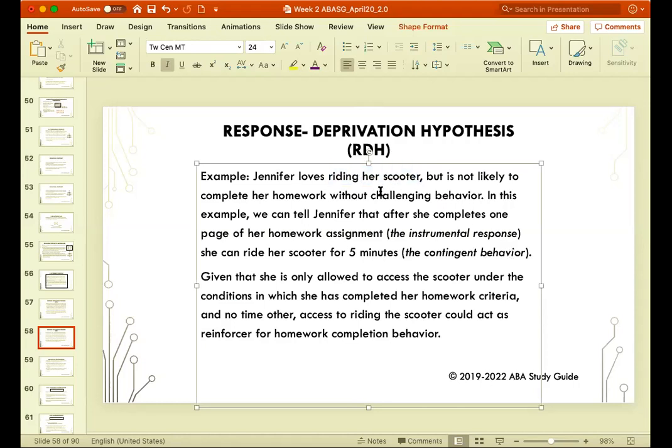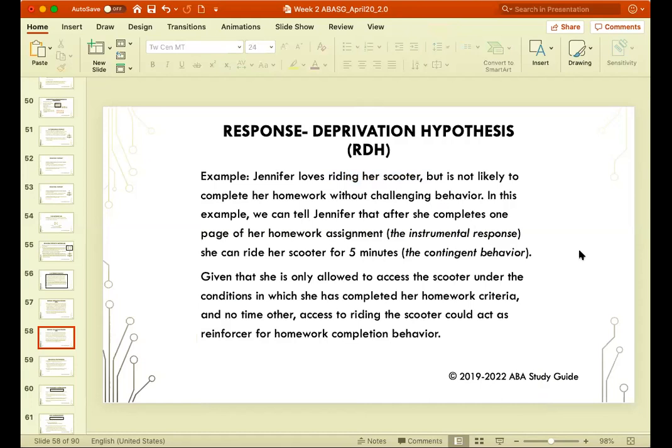The instrumental response is her homework. But I need to make sure that I restrict her scooter lower than baseline in order to increase the probability of that contingent behavior. We're really just looking at manipulating establishing operations in a lot of ways, but Premack and RDH, it's the flow.